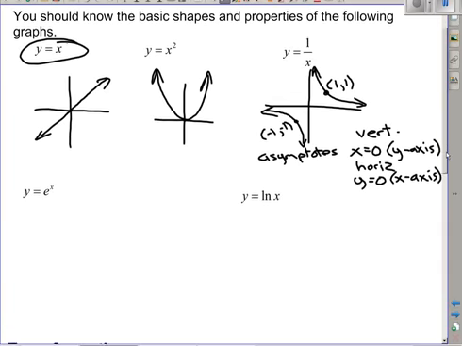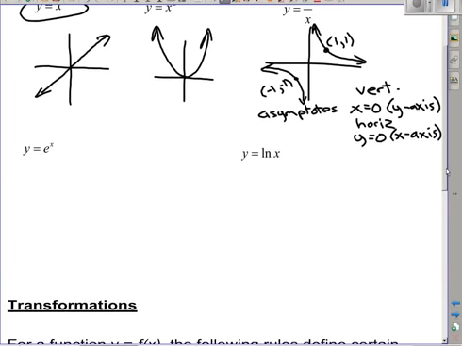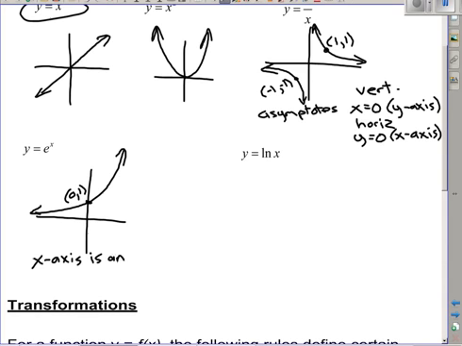Okay. Should be aware of what exponential curves look like. So this would be one of them, y equals e to the x. Passes through the point (0, 1). And on this, the x-axis is an asymptote. So it's never going to touch or pass through the x-axis on this basic version of the exponential graph.